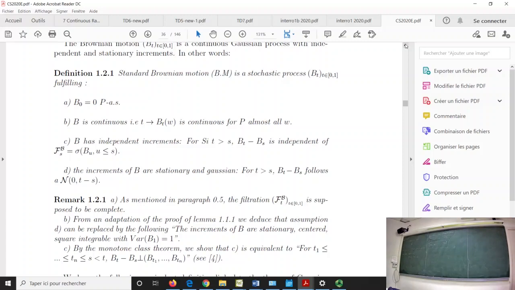So if I give you n random variables, I put them in a vector. What is the case where you will have for sure a Gaussian vector? So for sure they are Gaussian. They have to be. But I need more if I want to have a Gaussian vector. If the components are Gaussian, it's not sufficient to have a Gaussian vector. It is necessary, but not sufficient.